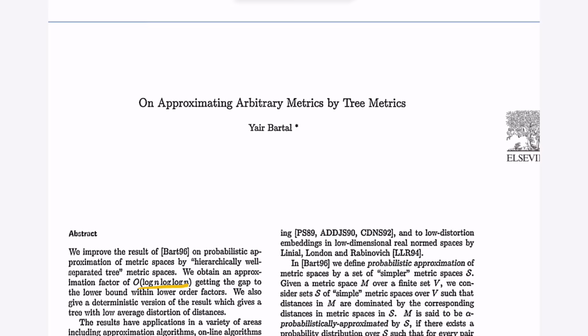You can have online problems like, I don't know, you want to keep finding different distances or something. Bartal was partly motivated by online problems, say in graphs or in metrics, where you have to make some choices. You have to choose short paths through a graph.